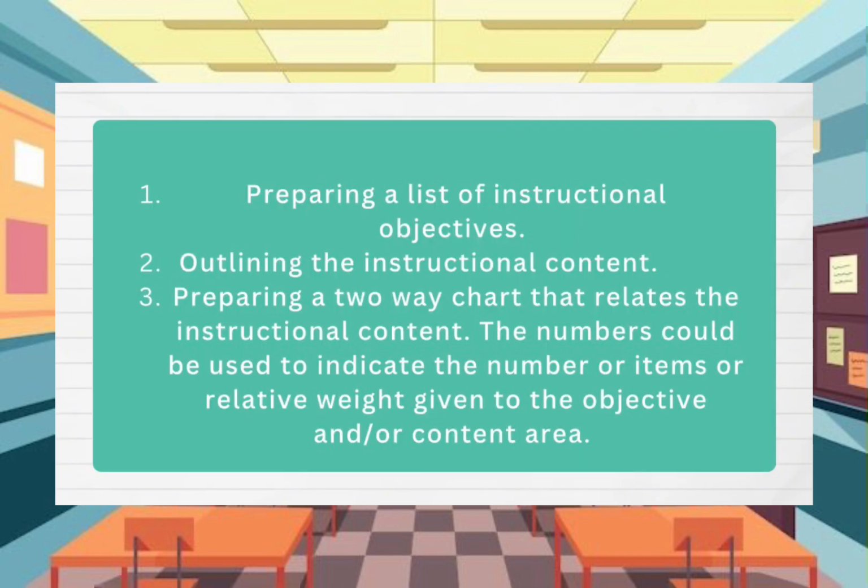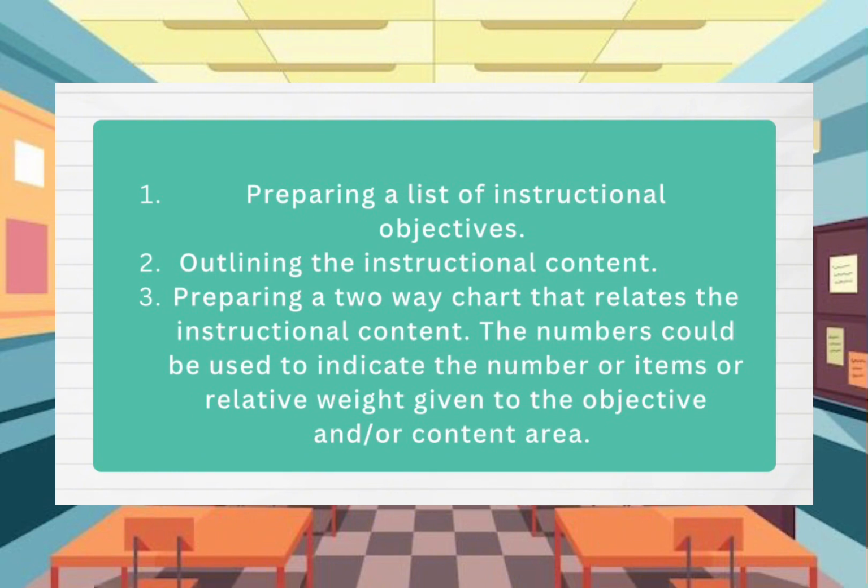This involves, first, preparing a list of instructional objectives. This is limited to those outcomes that can be measured by classroom tasks. It does not include performance skills or the affective domain. Second, outlining the instructional content.